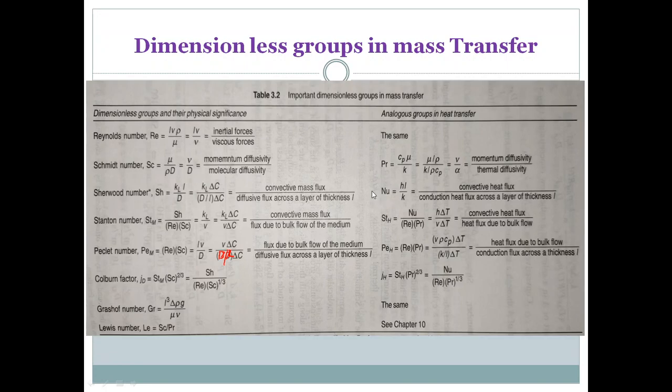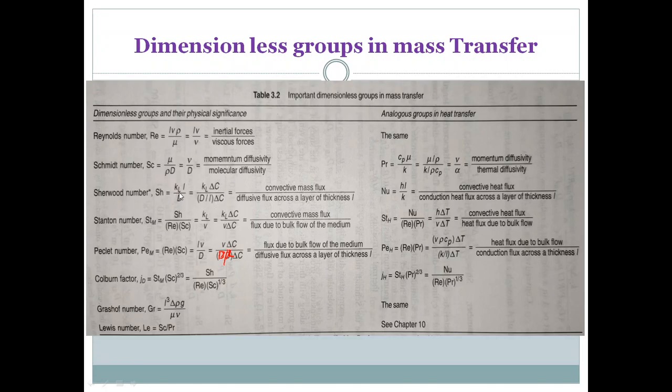Then the Nusselt number: convective heat flux by conduction heat flux across a layer of the same length. In case of mass transfer, it will be mass flux: convective mass flux by diffusive mass flux across a layer of thickness L. Convective mass flux is kL into delta C, and diffusive flux is D, that is DAB, diffusivity by L into delta C, from Fick's law.